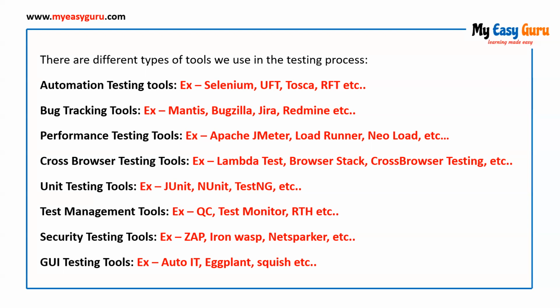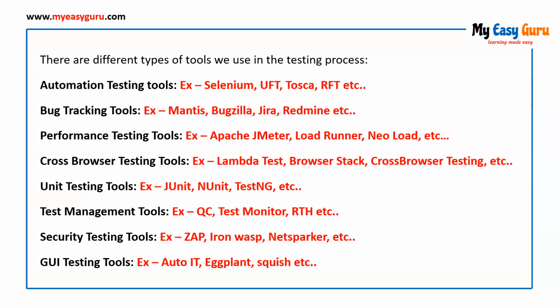There are a few tools that are open source. It means they have limited features, and a few are paid tools. These paid tools are commercial tools and there is no limitation of the features. Selection of these tools depends on the client's requirements.